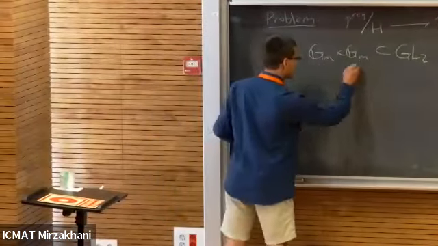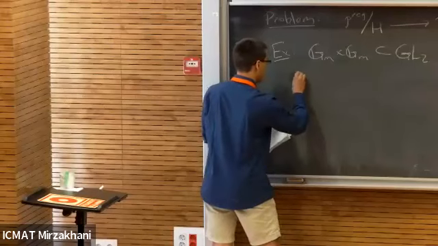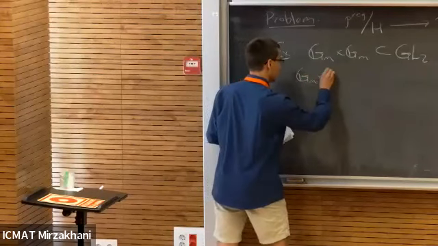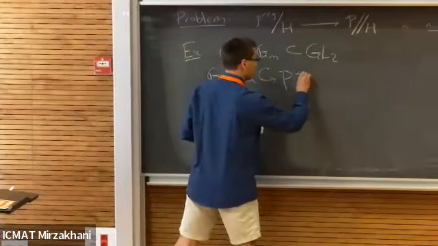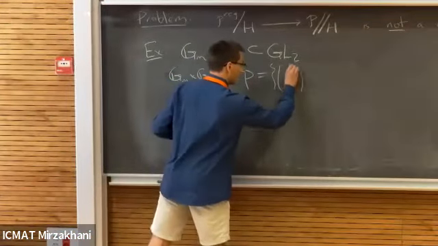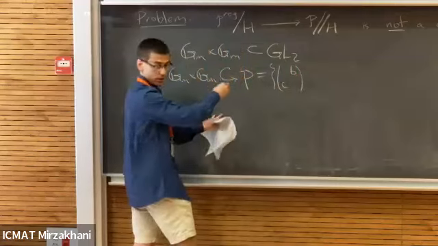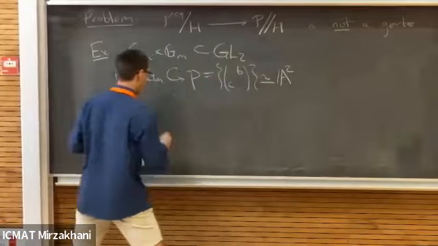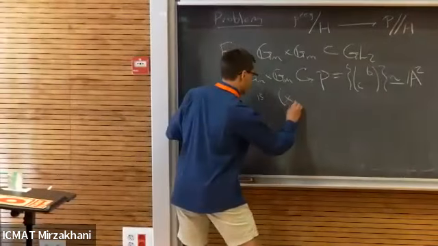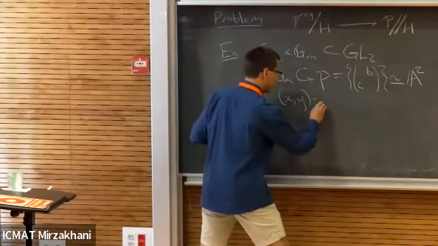then the action of G_m cross G_m acting on my space P, which in this case is just these off diagonal copies, so this is going to be this copy of A^2, is a hyperbolic action.